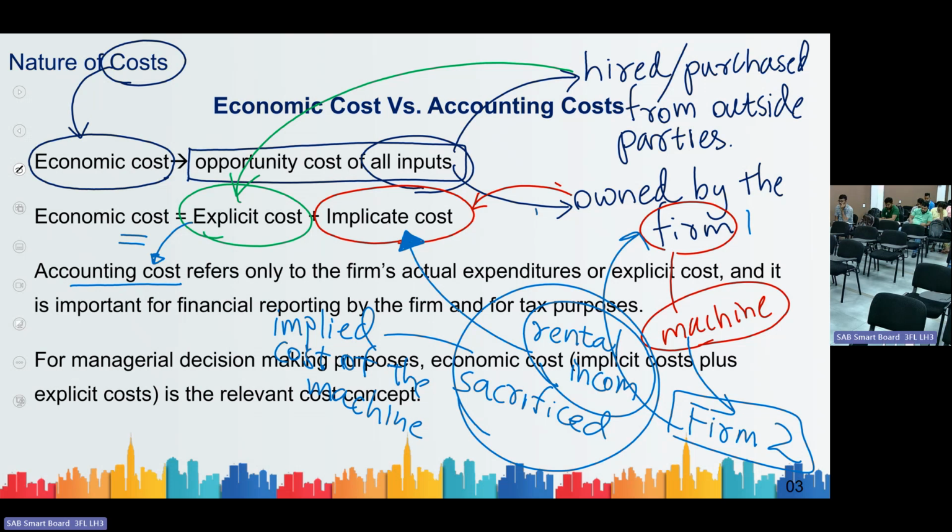So implicit costs are the costs that firms have foregone. Implicit costs are the incomes that the firm can earn. I will write it here.